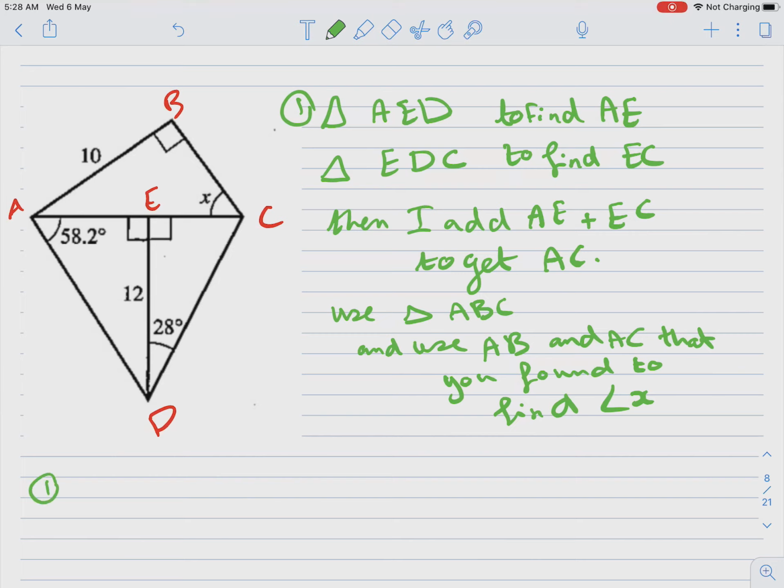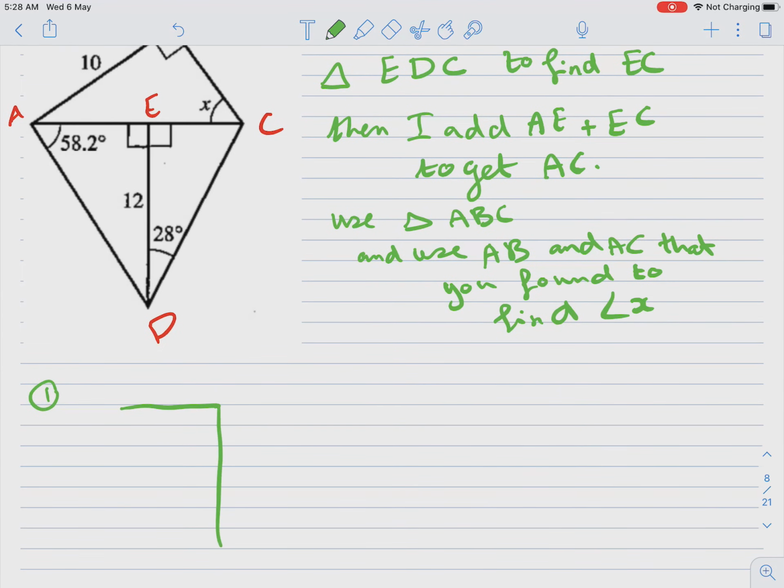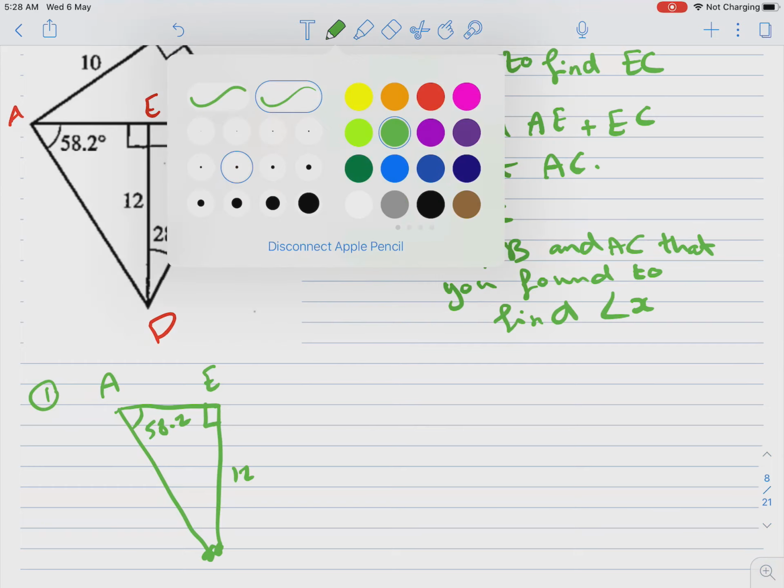So let's just start. In triangle AED, do I have two givens? Yes. So I can easily find AE. This is AE, and this angle is 58.2, and this is 12, and this is the 90 degrees.